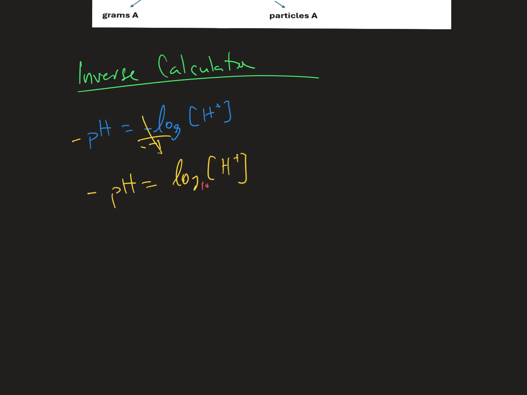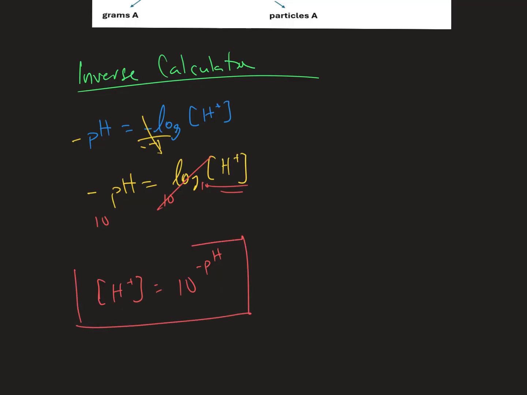If it says square, we square root, and so on, right? The inverse operation of log is 10 raised to that power. So if we do this to both sides, we get that the hydrogen ion concentration is equal to 10 raised to the negative pH power.